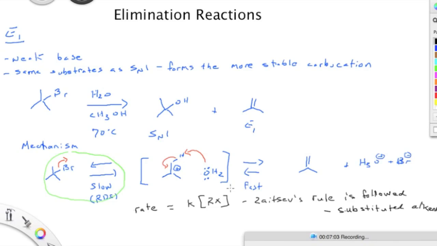And then as another comparison, the reactions where E1 would predominate, so does SN1. So the same conditions, so weaker nucleophiles. Typically the nucleophiles for SN1 and E1 will be your solvent, as was the case up here. Your solvent is going to be your nucleophile or your base. So make sure that you get those together in your head.